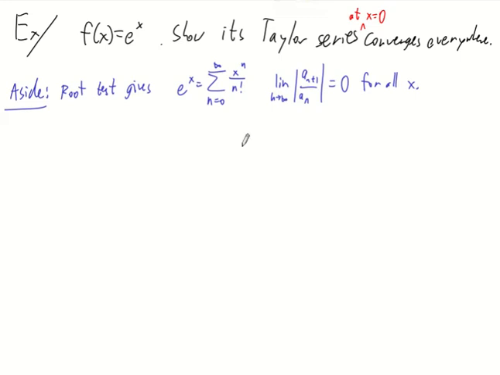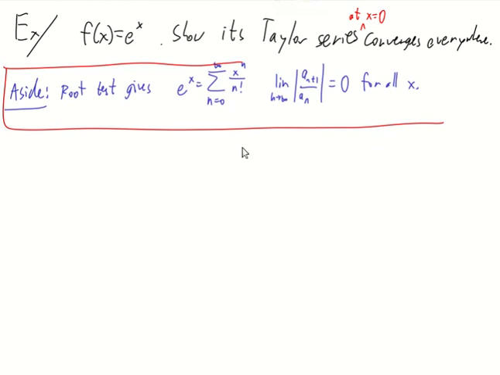So this is one way to look at this particular problem, but it isn't a way to look at every possible Taylor series convergence issue. So let's see what this looks like.